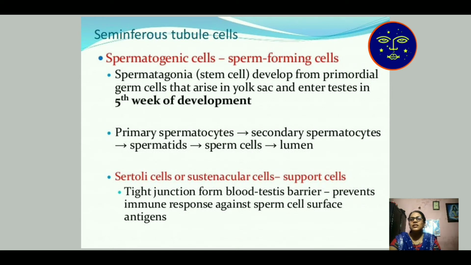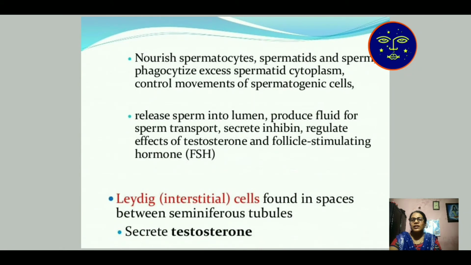The Sertoli cells are the supportive cells; tight junctions form the blood-testis barrier and prevent an immune response against sperm cell surface antigens. They nourish the spermatocytes, spermatids and sperm, phagocytose excess spermatid cytoplasm, control the movement of spermatogenic cells, release sperm into the lumen, and produce fluid for sperm transport.